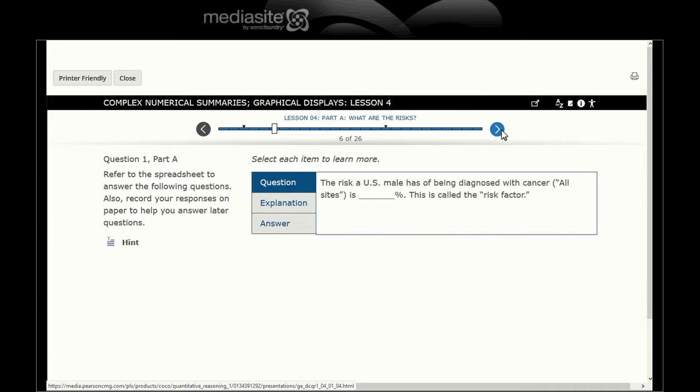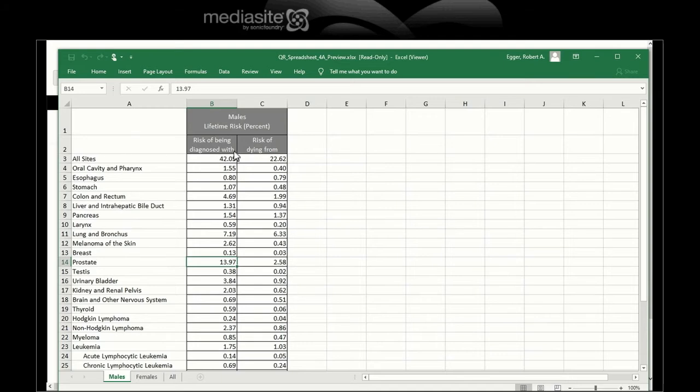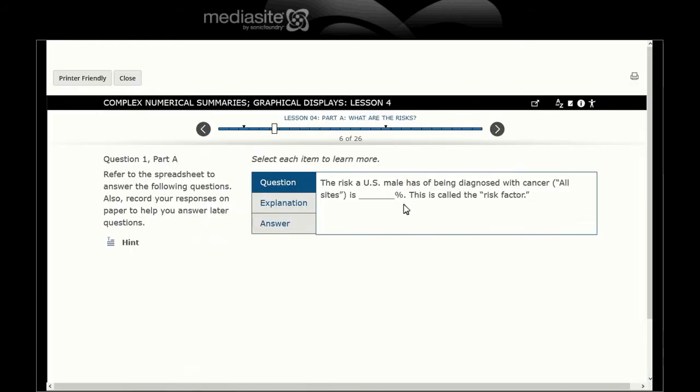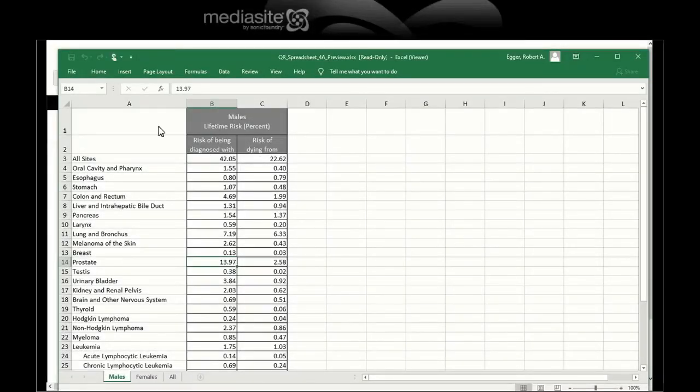Refer to the spreadsheet to answer the following questions. The risk a U.S. male has of being diagnosed with cancer, all sites. That means any cancer. So let's see, all sites, referring to this row here. Risk of being diagnosed, so there's a column, here's the row.